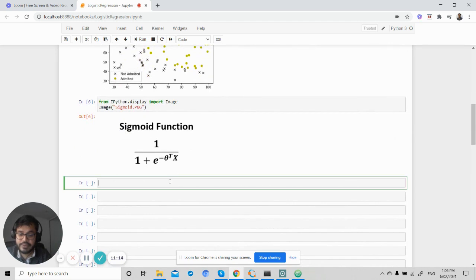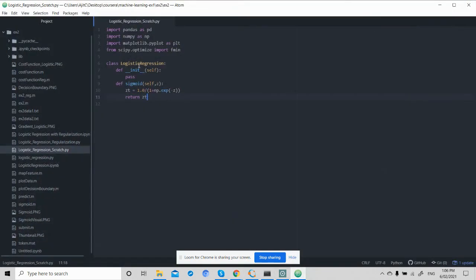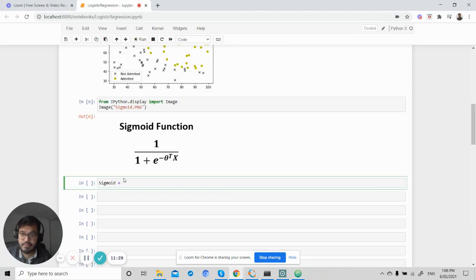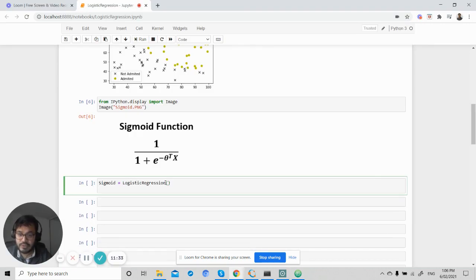So I have already created a class. So let's create an object. Sigmoid, class name. It's called Sigmoid.